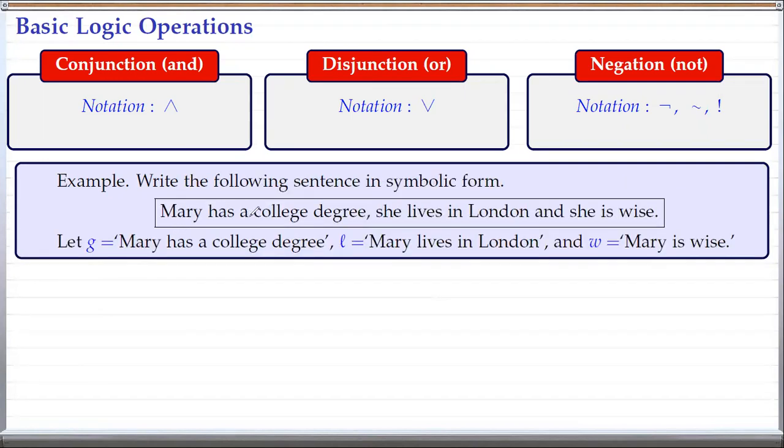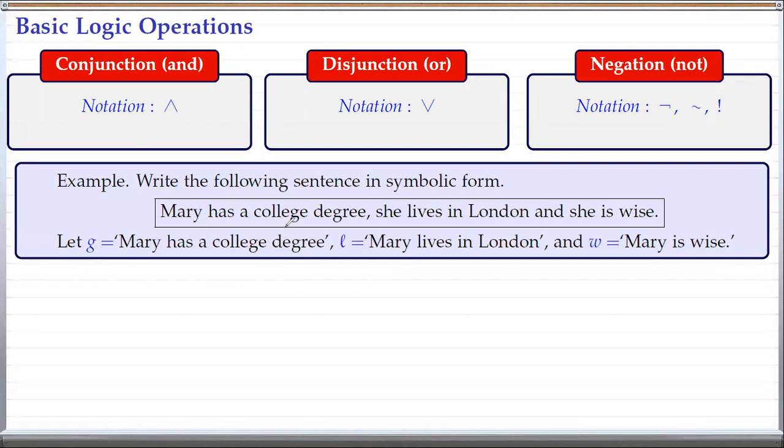Now let's look at the next example. Here we have a combination of some statements given, and we want to break this into a number of statements and write in a symbolic form. It says, let G be Mary has a college degree, let L be Mary lives in London, and W is the statement Mary is wise.